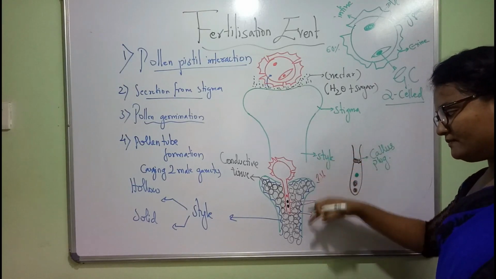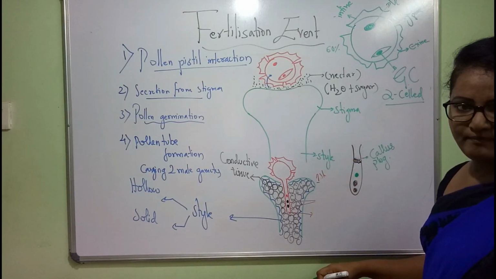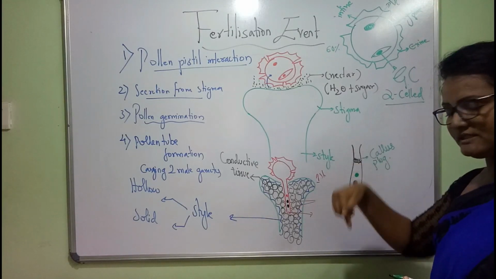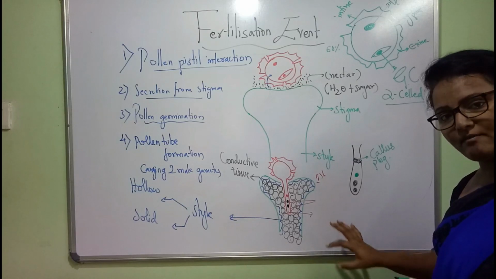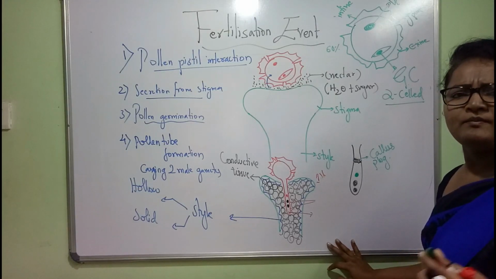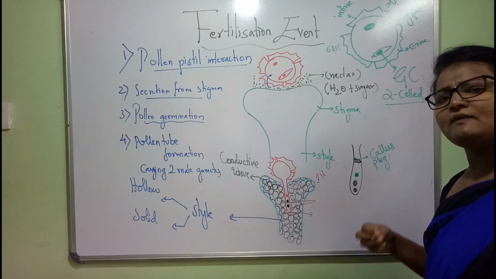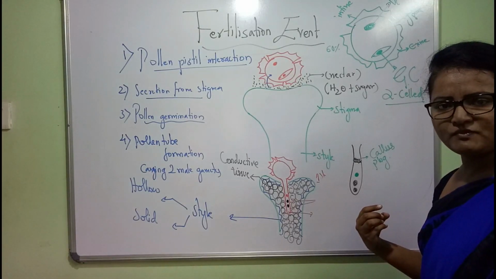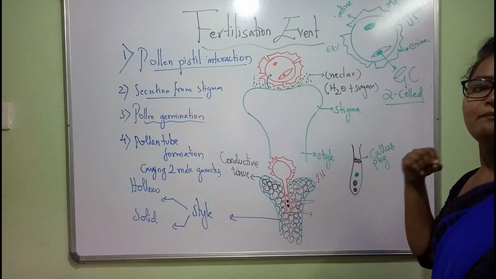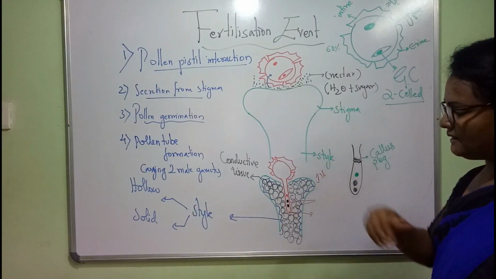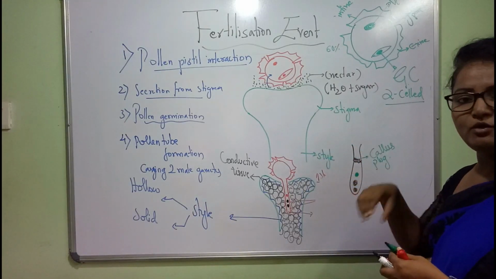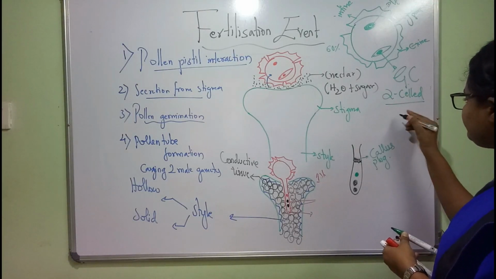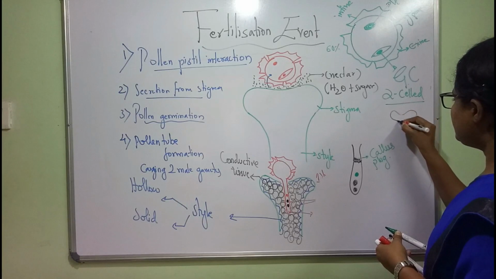Okay, so the next step is they travel through the style like this with the help of some chemicals, like boric acid also, sometimes pectin, sometimes hydrolytic enzymes. All these chemicals play an important role during the travel of the pollen tube into the style, because we know how lengthy this style is.